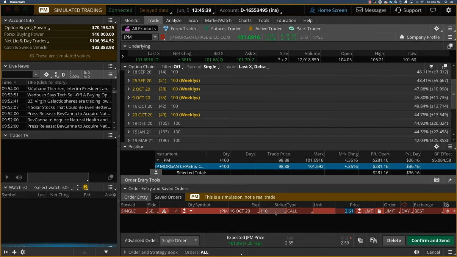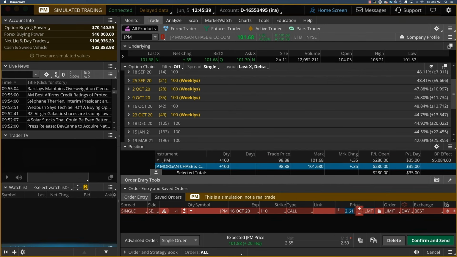But if the stock price in the current market is not 110, it is highly unlikely that someone's going to want to buy the paper money account shares if the stock is trading below that strike. So if the stock were not to close above that strike, the investor gets to keep all of that $261.